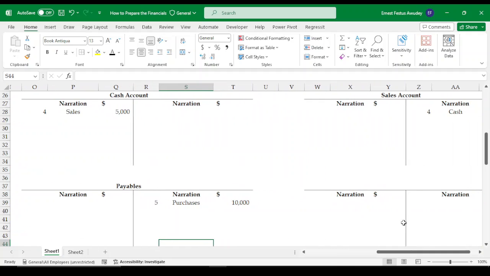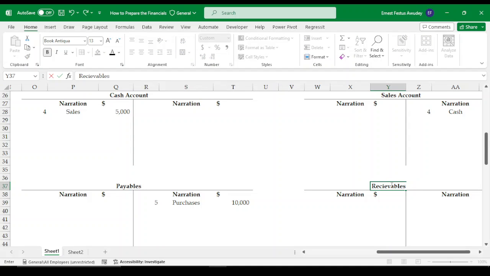All right, receivables. So we have our receivables right there, and let me merge and center that.